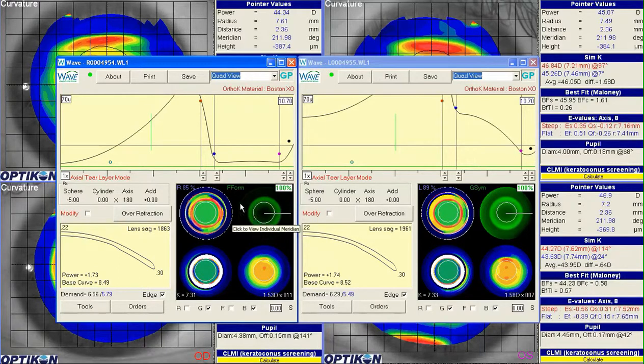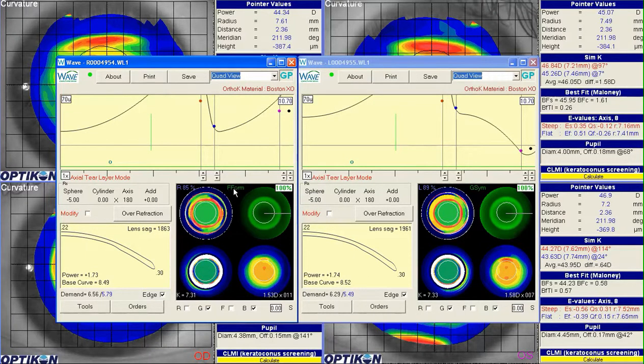And normally what happens with a GSYM lens is the freeform mode will look worse than the GSYM mode. That's because what Wave does in this window is it takes a GSYM lens and simulates a GSYM cornea onto which the fluorescein pattern is laid.